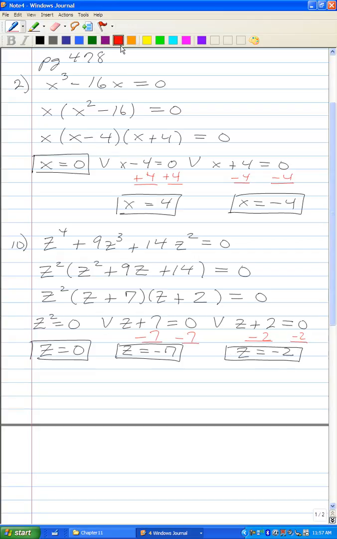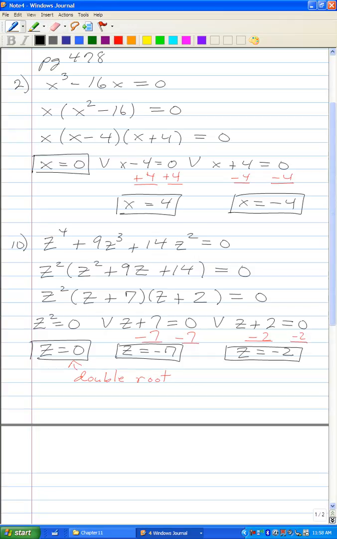Since I had that z squared was 0, this is actually what is called a double root. It's really z equals 0, z equals 0, z equals negative 7, z equals negative 2. So there's really 1, 2, 3, 4 roots. And this is a fourth degree equation. And so I found all 4 roots.